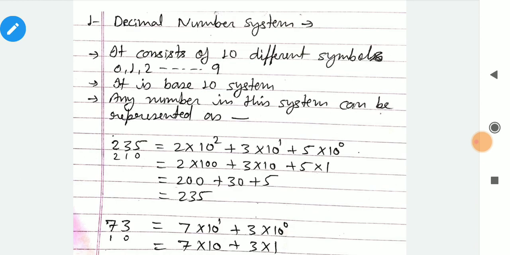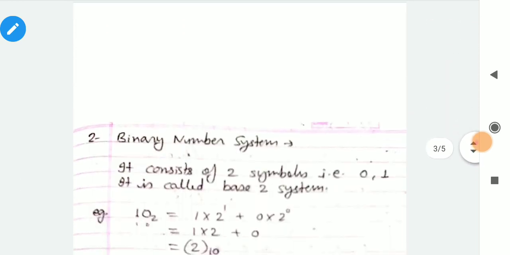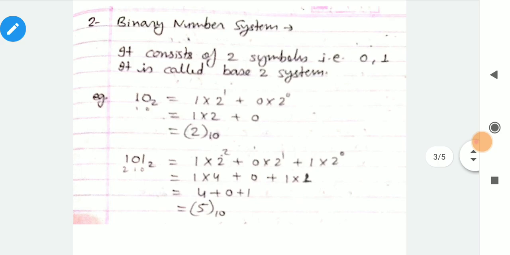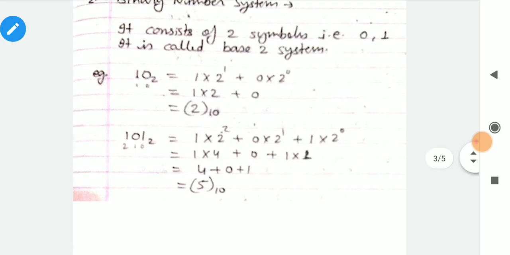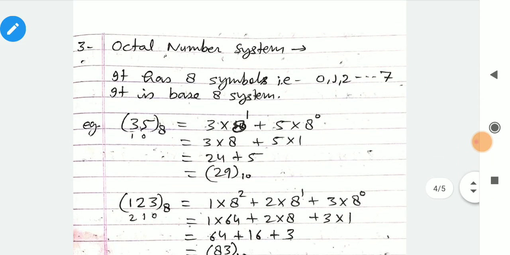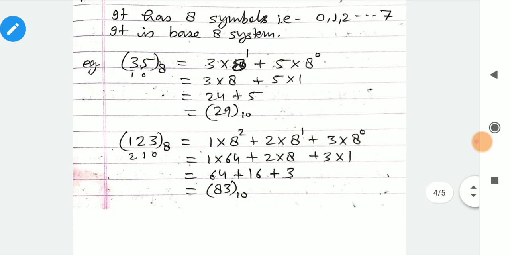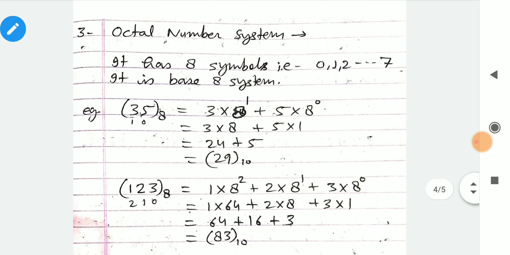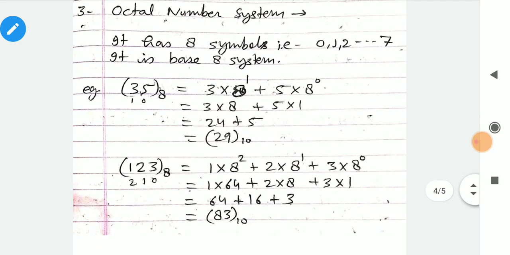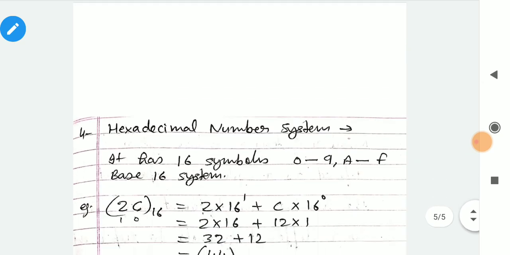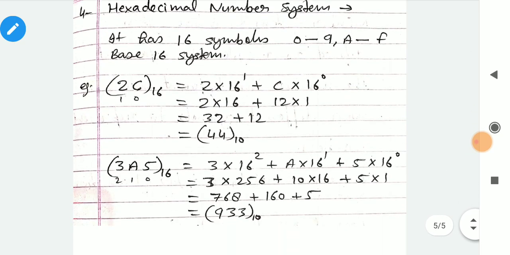Like in the binary number system, I have explained how to convert a binary number to decimal number, and in the octal number system how to convert an octal number to decimal number, and in the hexadecimal number system how to convert any hexadecimal number into decimal number.